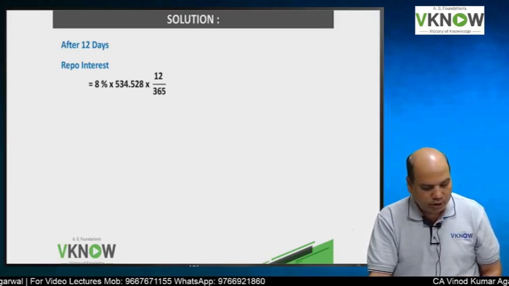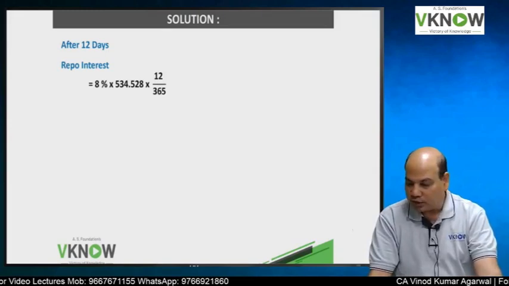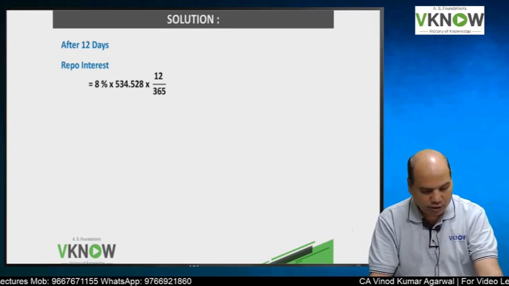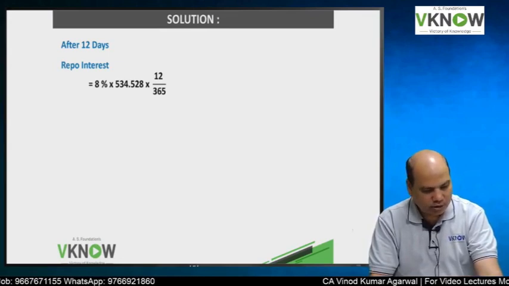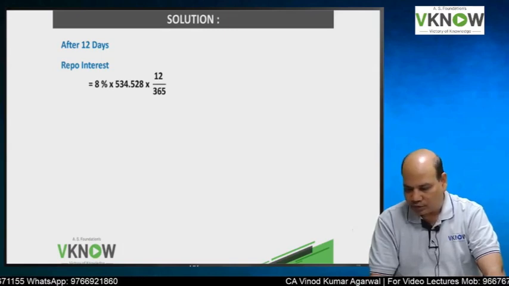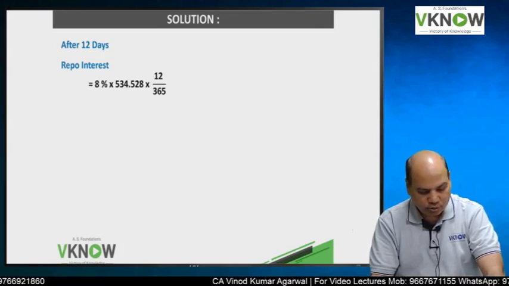Coupon is calculated using 360 days convention, but repo rate is calculated using 365 days. Is it right now? To solve for repo interest, this question is the reverse of the previous problem. In the previous problem, the repo interest rate you had to compute.